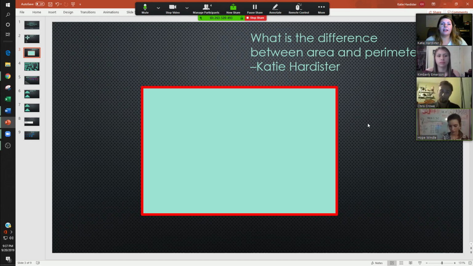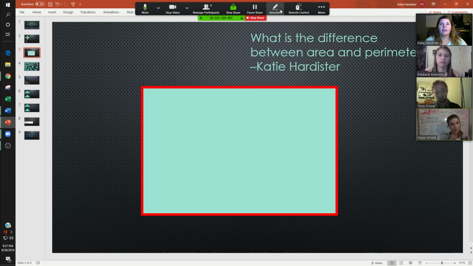So the area that our dog is going to be playing in is going to be this blue area here, right? So that would be the area, is inside the fence. But if this red here is the fence, that's going to be the perimeter in which our dog is going to be playing within. So it's kind of tricky.